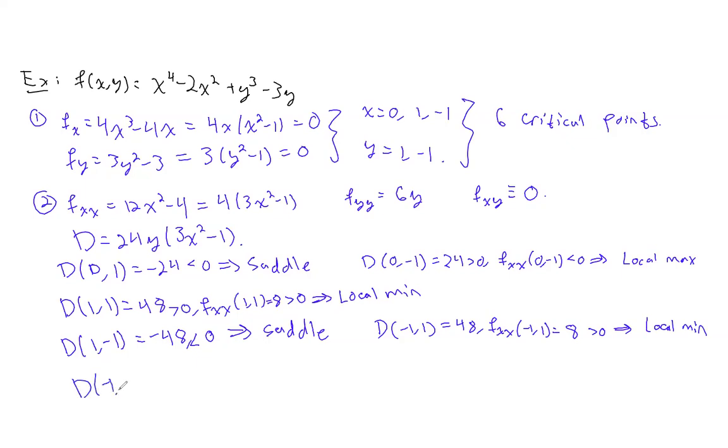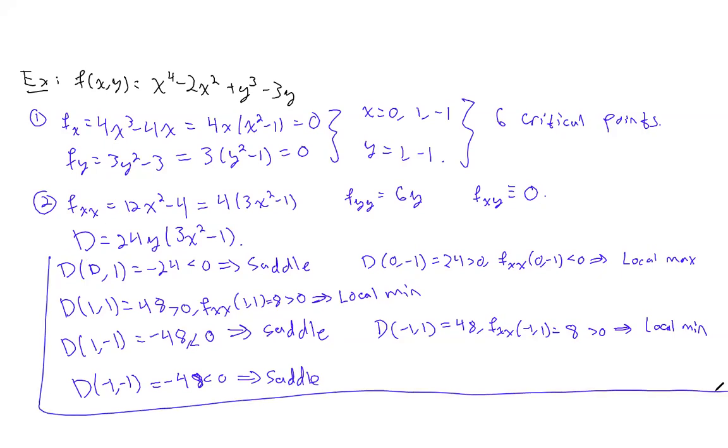And d of negative 1, negative 1, in this case, same story. That's going to be negative 48. Or will it? Yeah, it will. Negative 48, which is negative, which is a saddle. So here are our solutions. Huzzah.